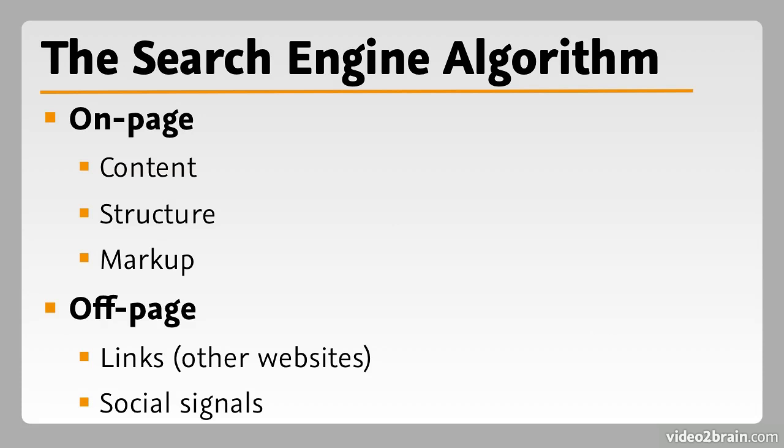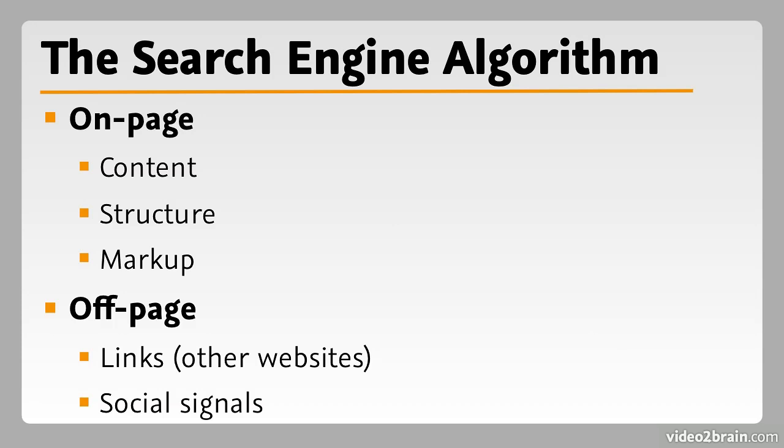Now, what's out of your control are links from other websites coming into your site. Those links are what search engines use to determine how trustworthy, how important, and how relevant your site is. Links are essentially third-party opinions giving a non-biased evaluation of your website.